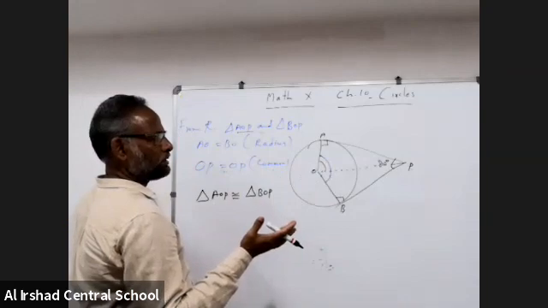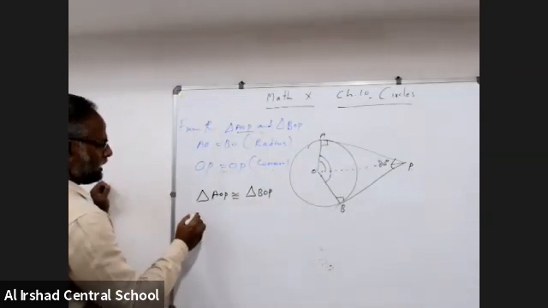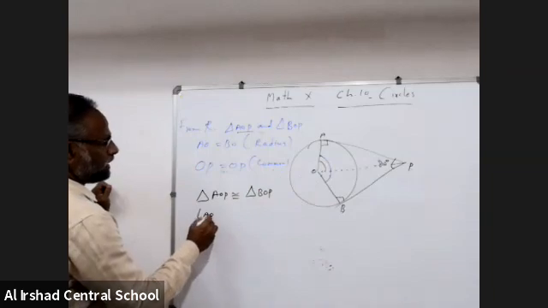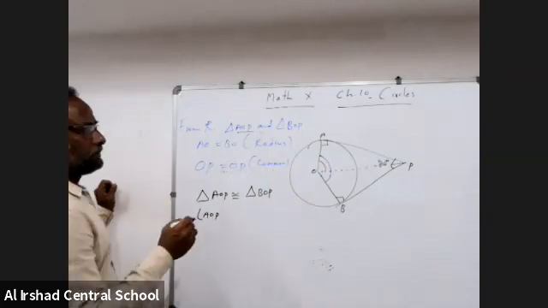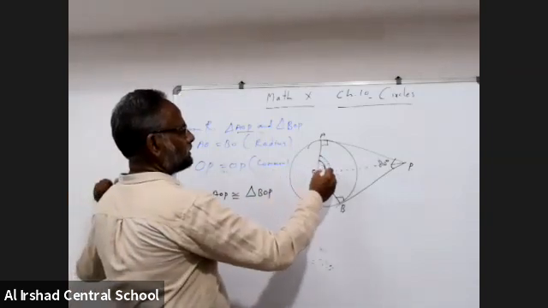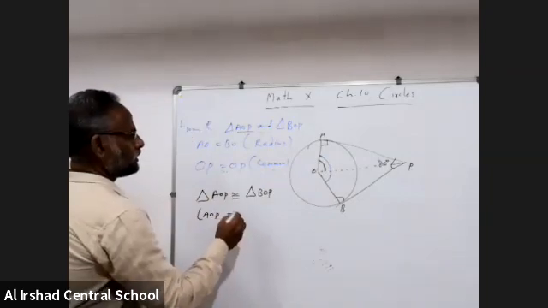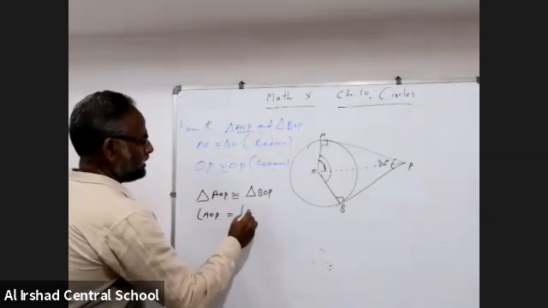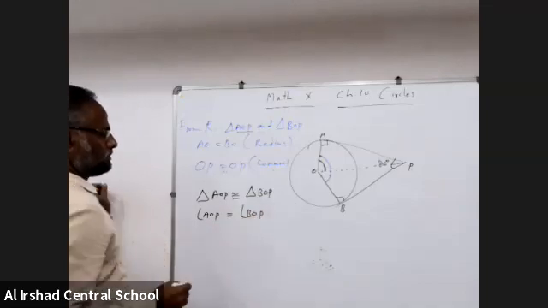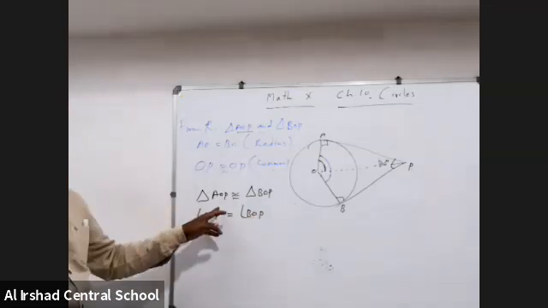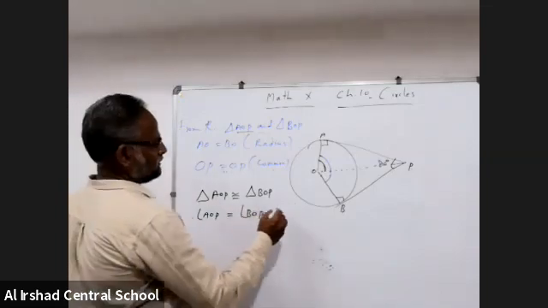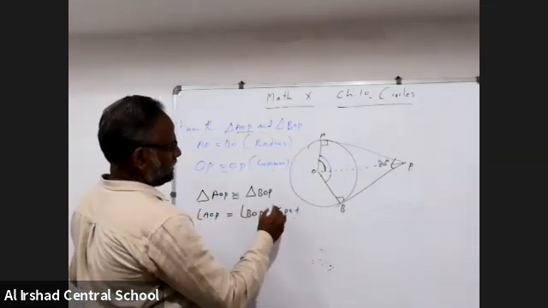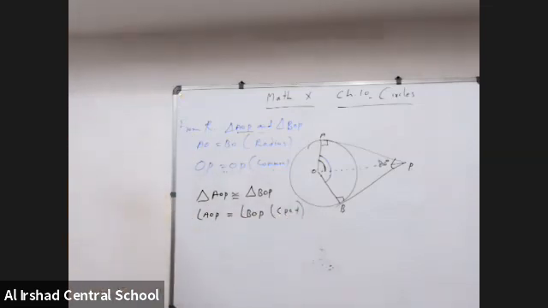That means by CPCT, can I write angle AOP, that is this angle, equal to angle BOP. Now I'm talking about angles, not triangles. Angle AOP is equal to angle BOP, because of CPCT, corresponding parts of congruent triangles are equal.